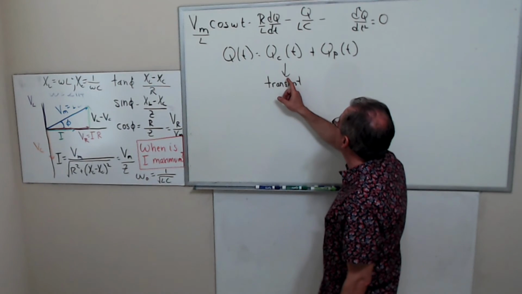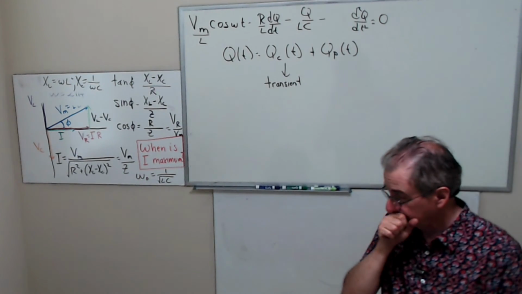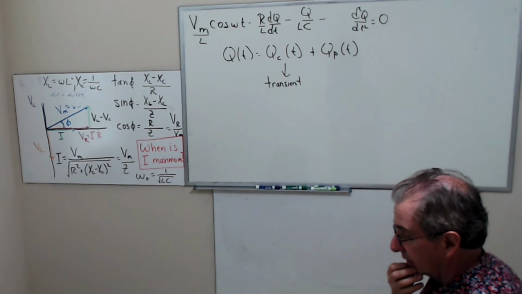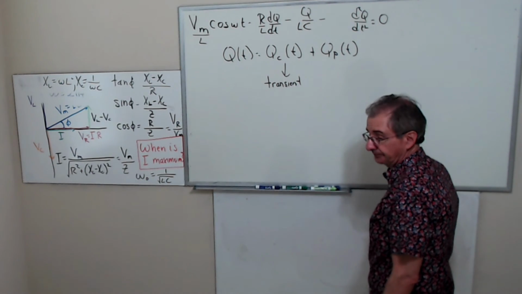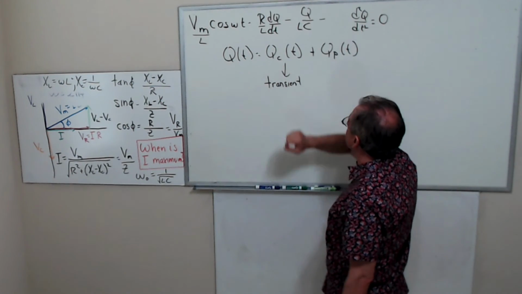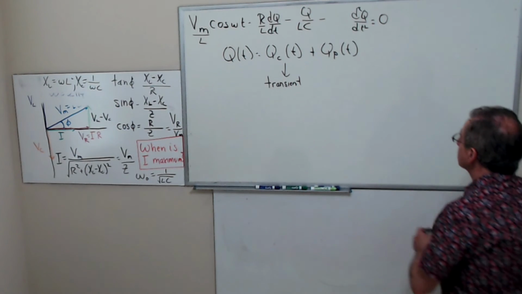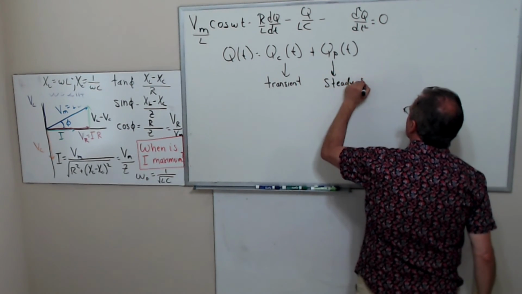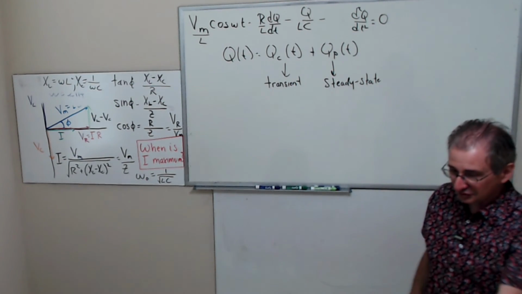Plugging the transient solution that we talked about last week into here will still work, because when you operate on these, you get 0. And this solution is called a steady state. That's the one I'm interested in.